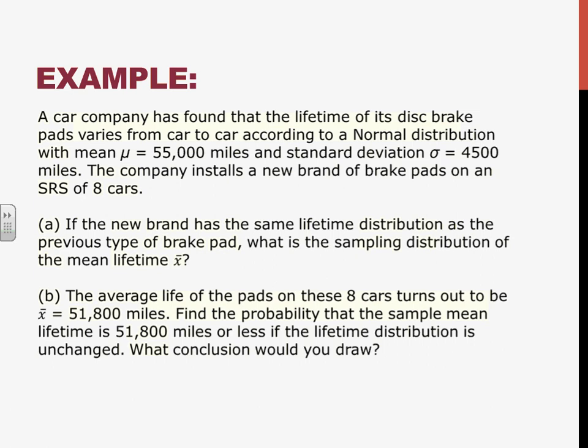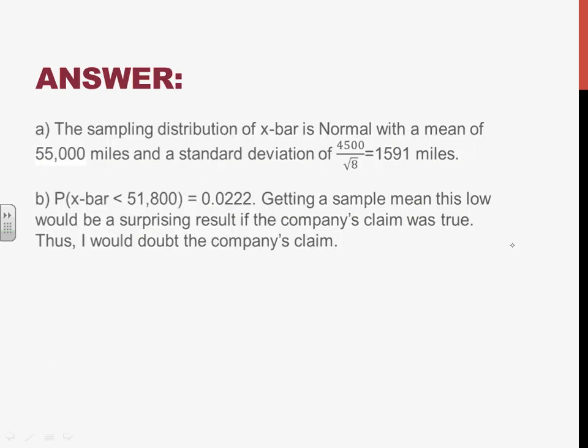So I got the mean to be the same, 55,000, and the standard deviation of the sample to be approximately 1,591 miles. So when I went and found that probability, I got 0.0222. That's a very low probability, like that's 2%, okay? So I don't think the company is telling the truth.